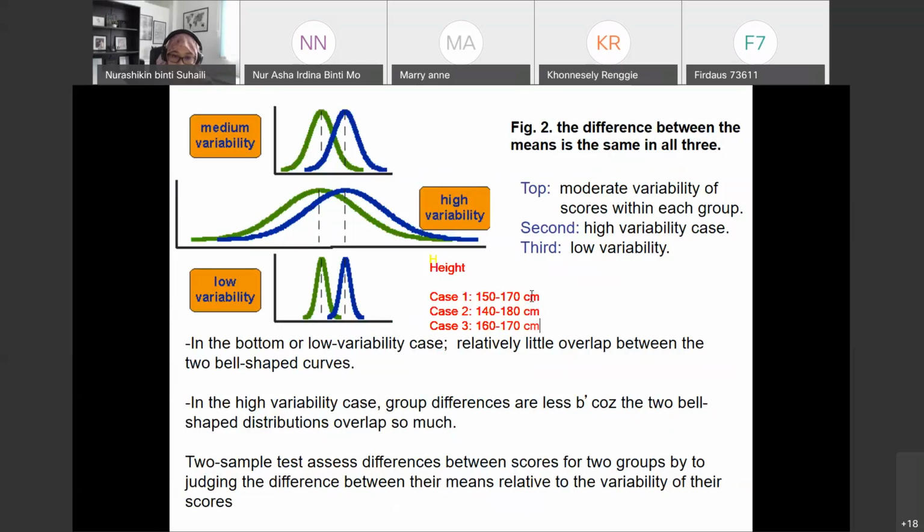This is a sample, right? 150 to 170 cm. If I want to sketch it, okay.